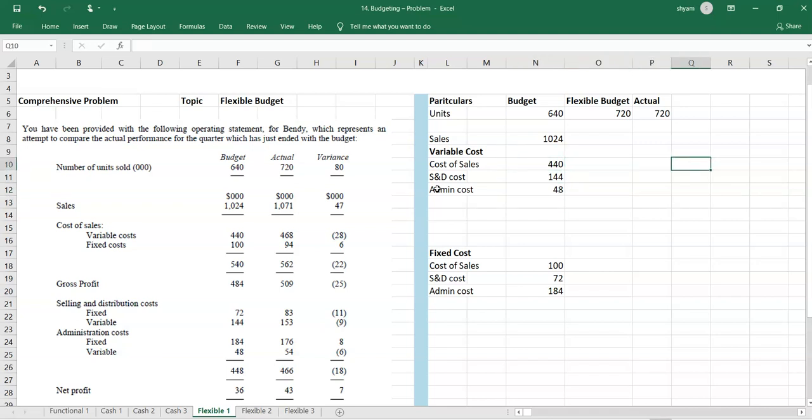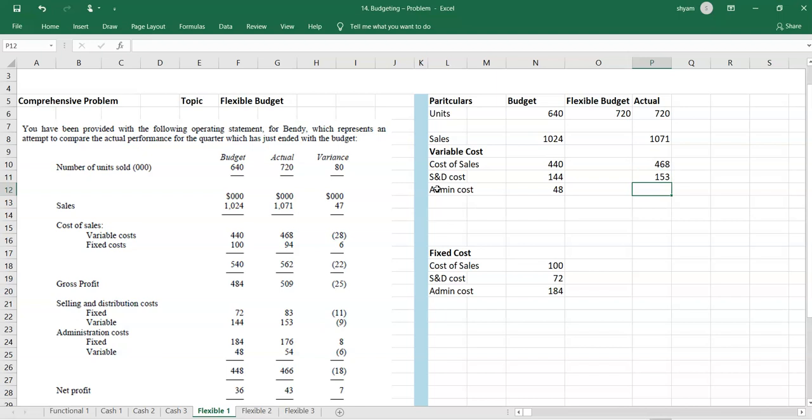So we'll also get it for the actual because we have to compare it. 1071 is the actual sales. Cost of sales variable is 468. Selling and distribution variable is 153.